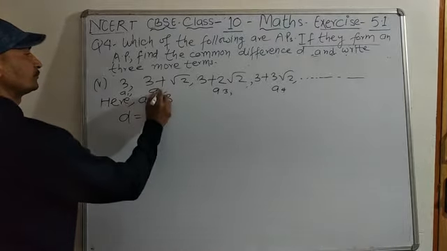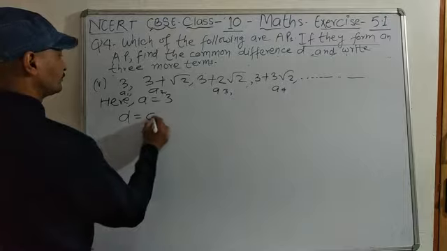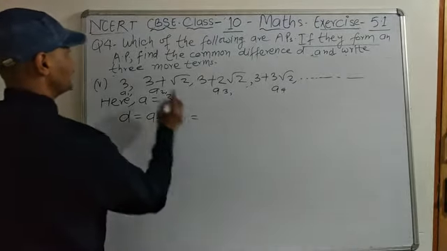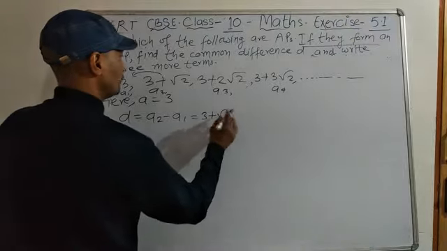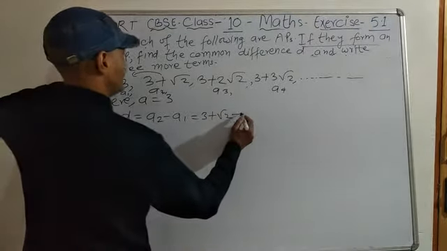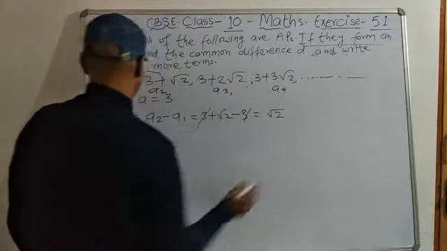Then D is A2 minus A1, 3 plus root 2 minus 3, 3 cancel, here root 2.